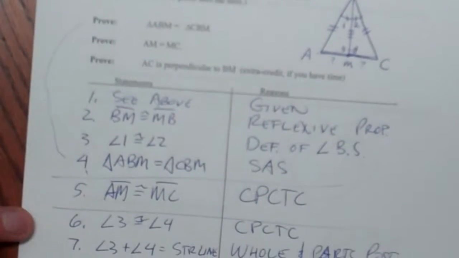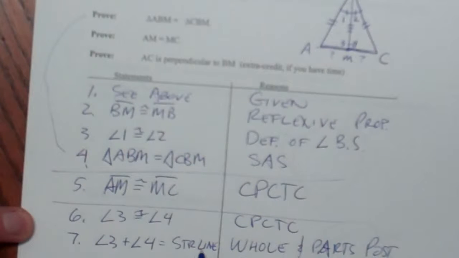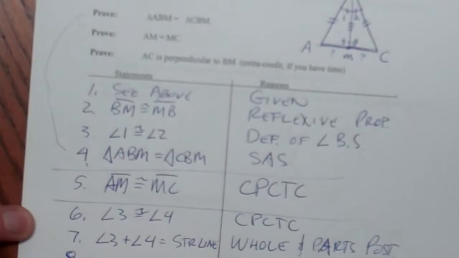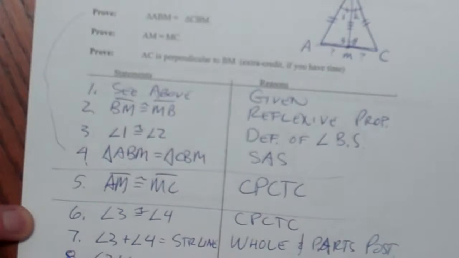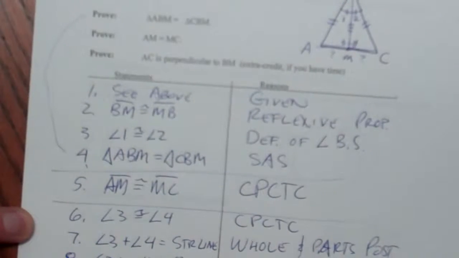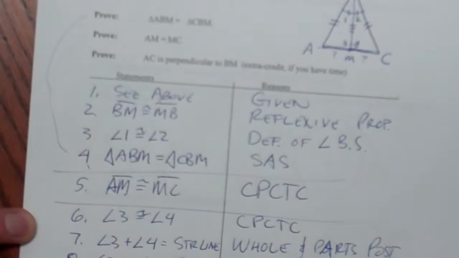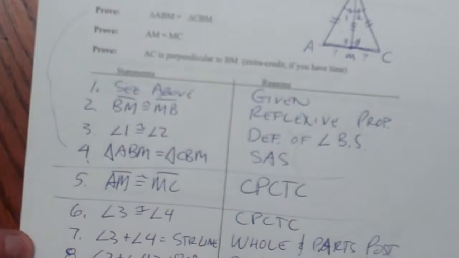And then if I know that angle 3 plus angle 4 make the straight line, I know in step 8 that angle 3 plus angle 4 equals 180 degrees. That's because a straight line equals 180 degrees. That's a postulate also. We just say lines are 180 degrees.